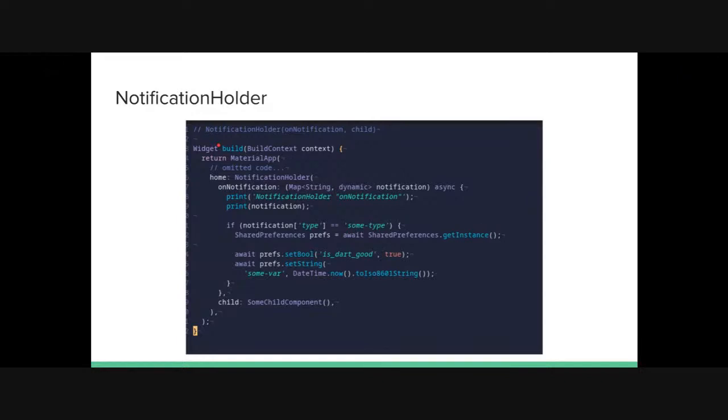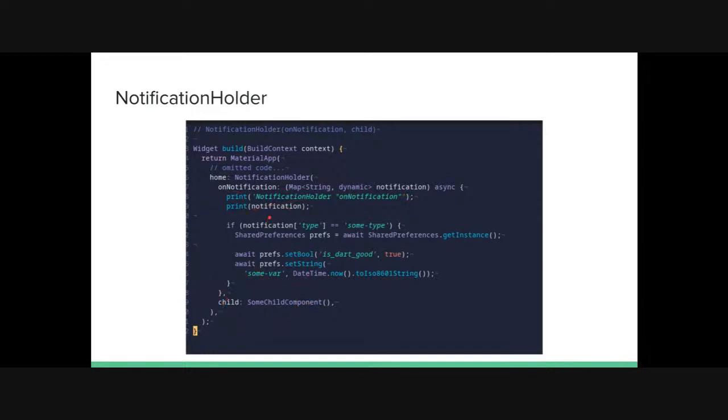We had a notification holder, and it was a widget, and we had this on notification that would take a function and a child. So basically we had a wrapper that we could provide this notification, and whatever happens, we would just be calling this function. In this case, on launch, on resume, and on message, we would be calling this guy and providing the notification data, so it would take the actions it needed.